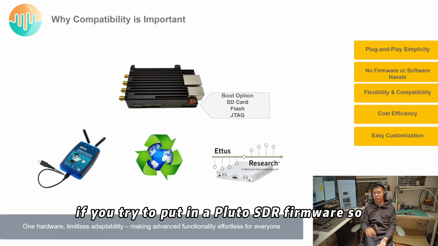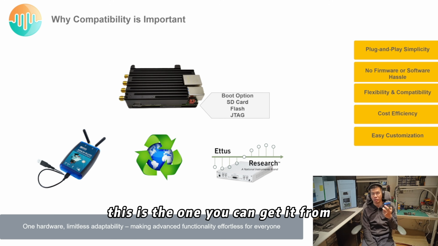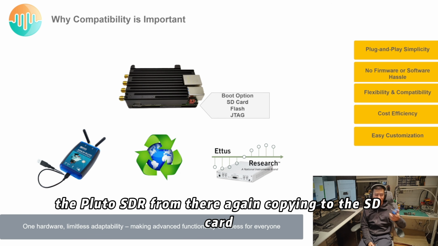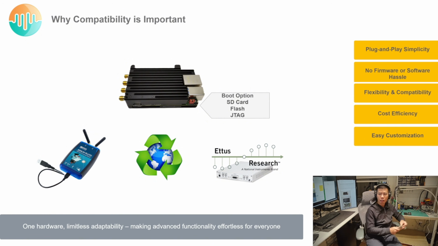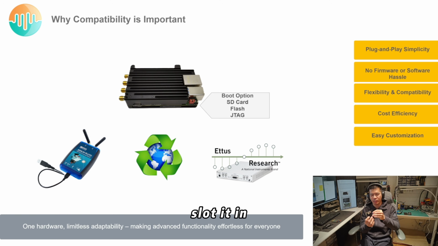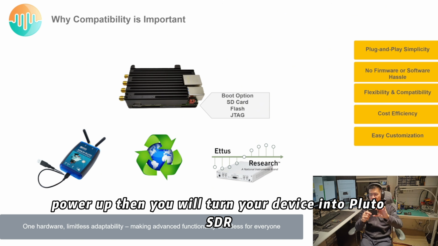If you put in a Pluto SDR firmware, so this is the one, you can get it from our GitHub repo for the Pluto SDR firmware. Again, copy it into the SD card, slot it in, and power up, then you will turn your device into Pluto SDR.